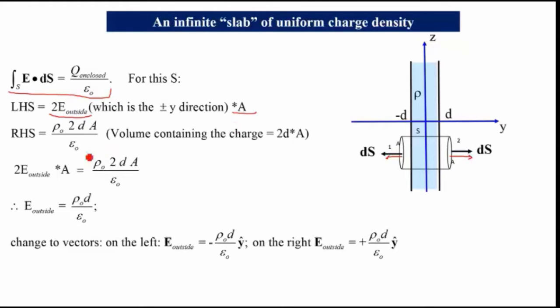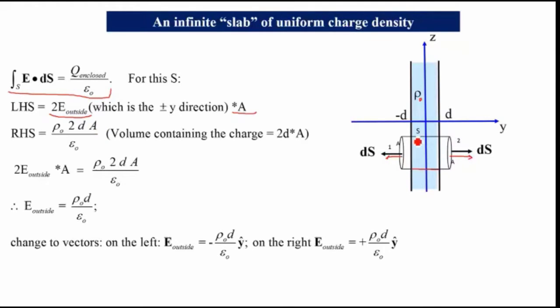The right-hand side has to do with the Q enclosed divided by epsilon 0. So what is Q enclosed? Well, it's the density. By the way, I put zeros on here just to remind us that that's a constant. So rho 0 times 2d times A. Well, 2d is the length of the region where there's charge, and A is the area.